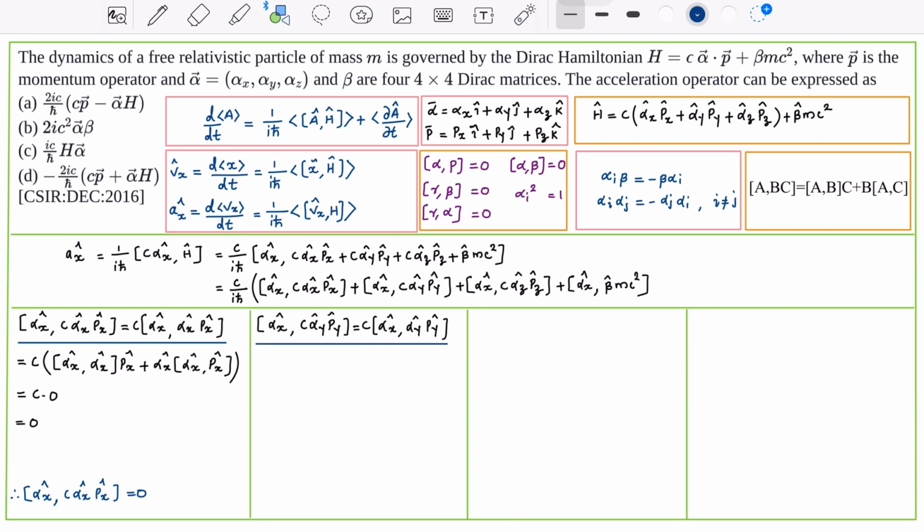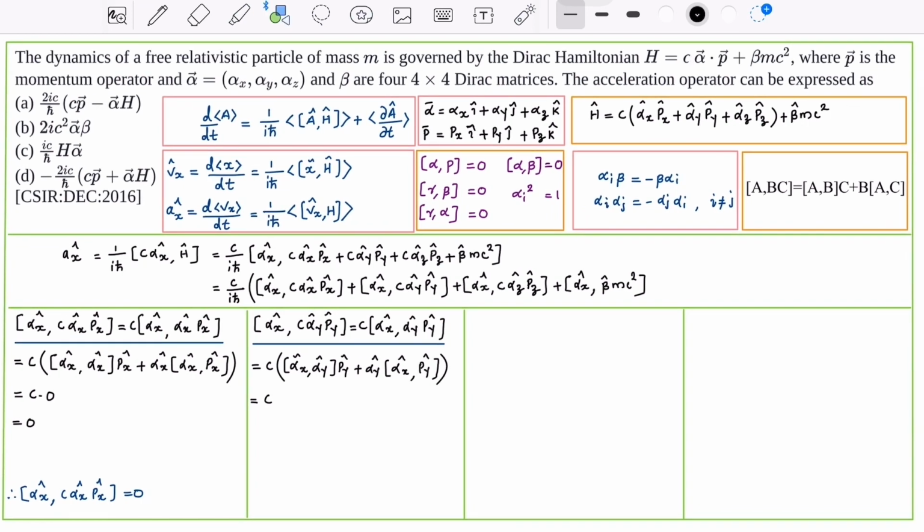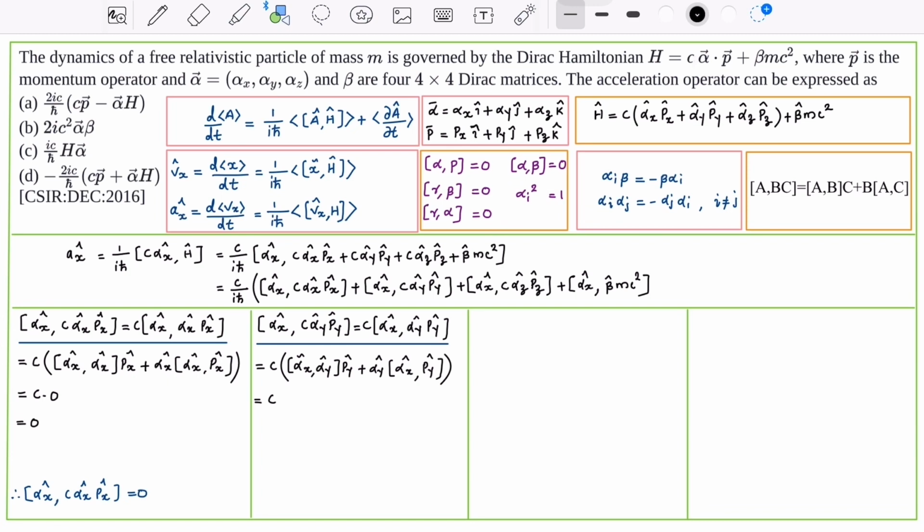Now we can represent the commutator as c times the commutator of alpha x and alpha y, then py, plus alpha y times the commutator of alpha x and py. Now we have that the commutator of alpha and p is 0. Therefore, the second term is 0. Only the first term remains.